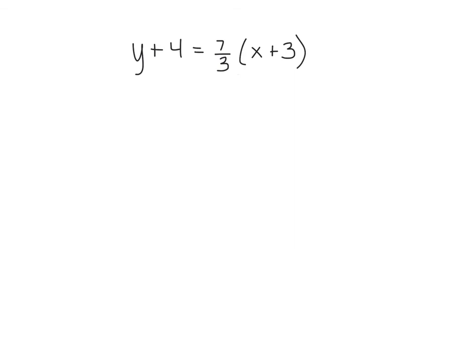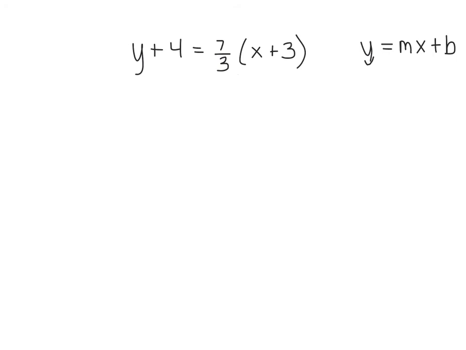And we can use this point-slope equation now to find the slope-intercept equation. And slope-intercept is y equals mx plus b. So if you'll notice, the y is by itself. So what we're going to do is we're just going to isolate the y on the left side.